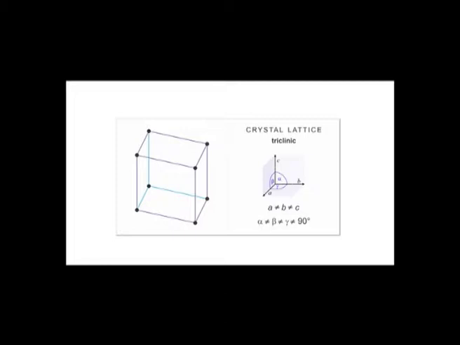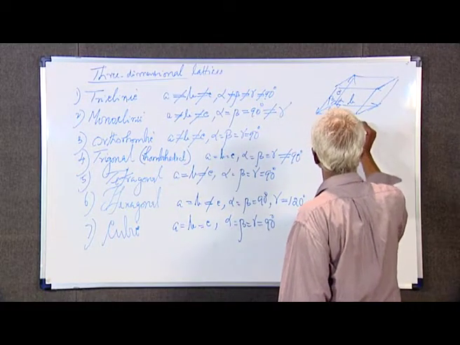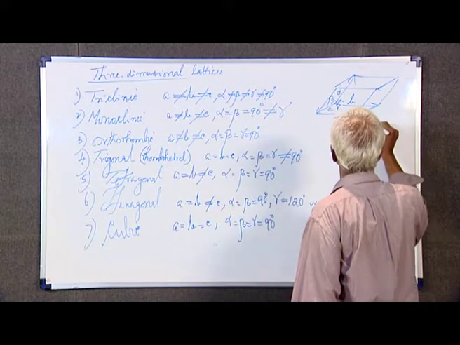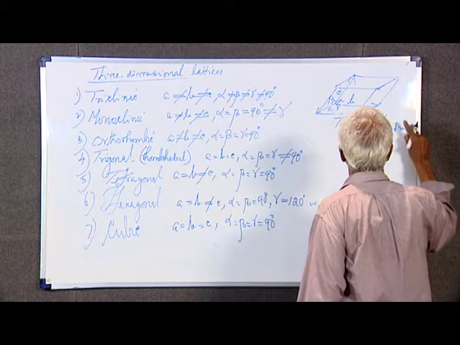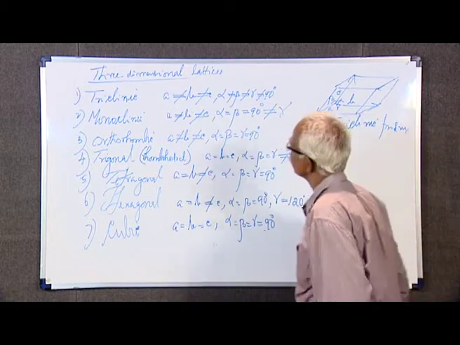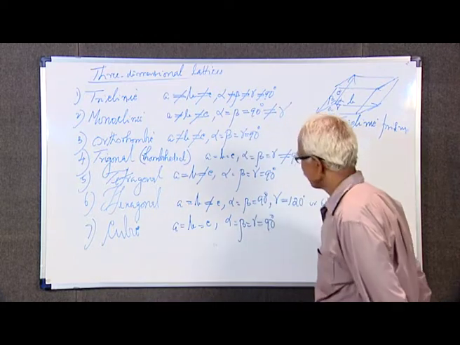So this is the most general building block. Shall I call it oblique prism or triclinic prism? This is often called triclinic prism. We say this is the least symmetric.